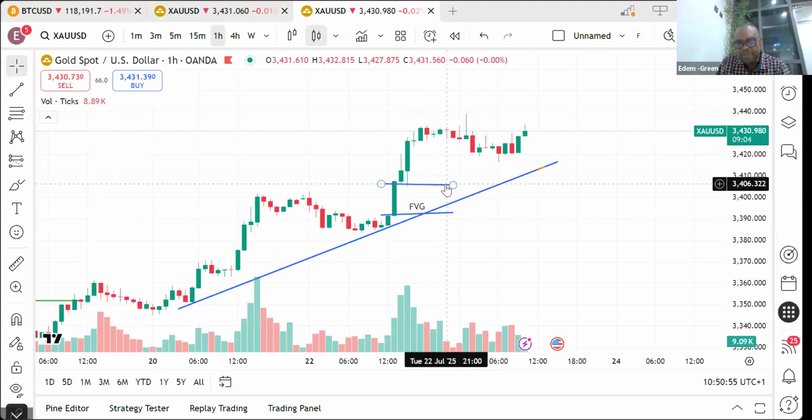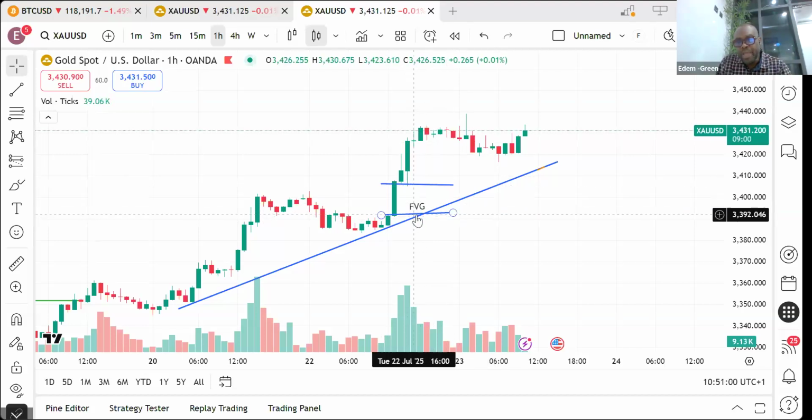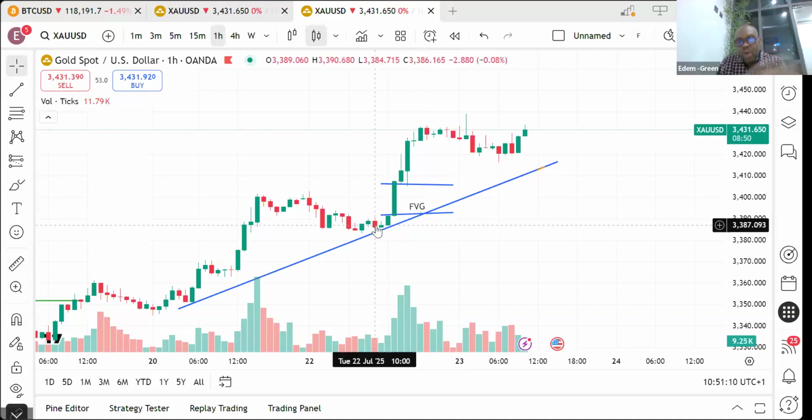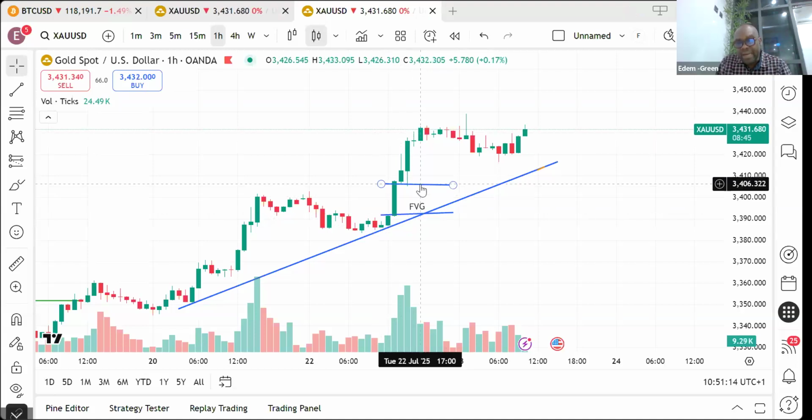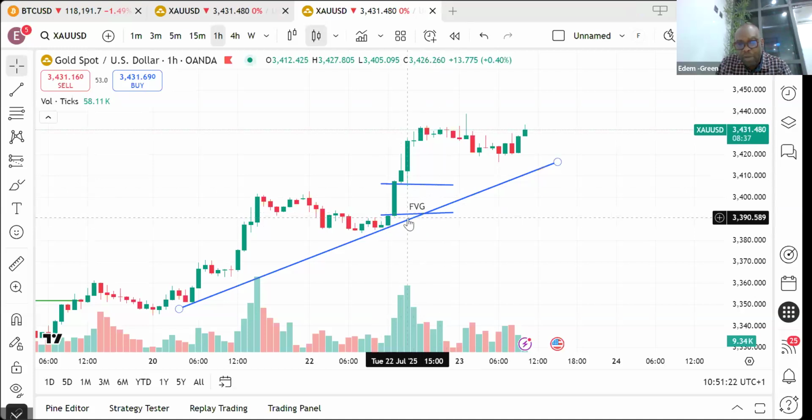Please take note of this. While you want to identify a high priority trade or entry point when trading a fair value gap, you need to identify the low discount band and the high premium band. So the high premium band is the up one, and the discount low band is the lower one.